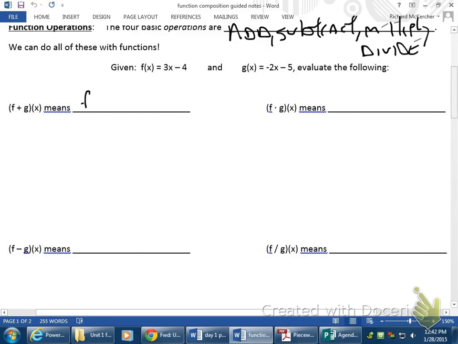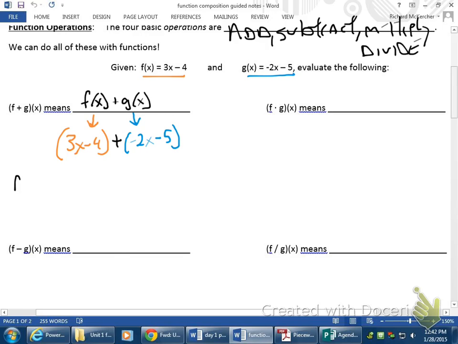Okay, with that in mind, of course, what I'm trying to say, if I write down f plus g of x, what it's really saying is take f of x and add g of x. So f of x is this function, 3x minus 4, and I'm going to add g of x, which is basically like just adding like terms in polynomials. So f plus g of x is really the same function as x minus 9.